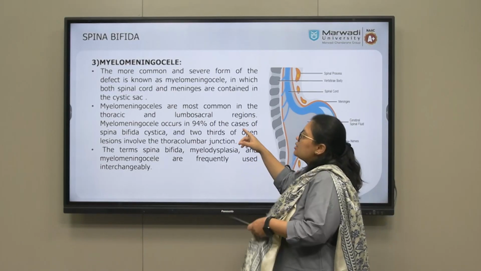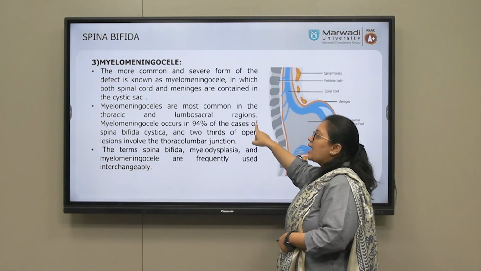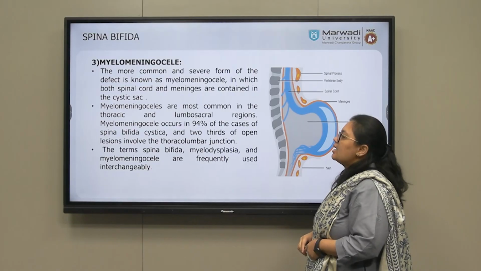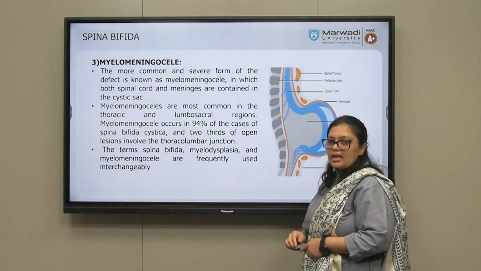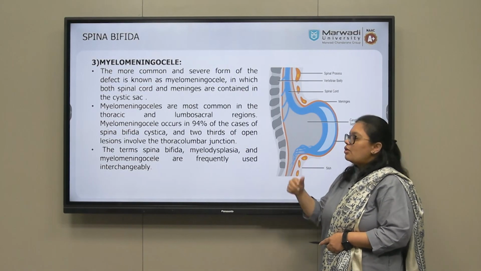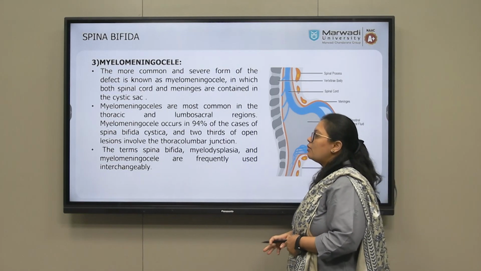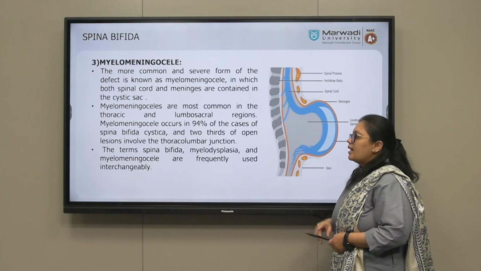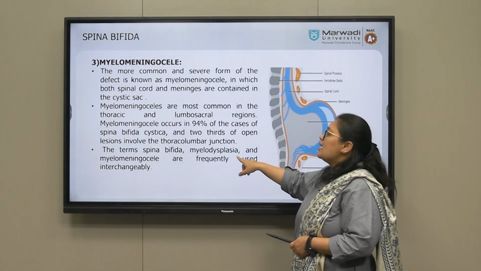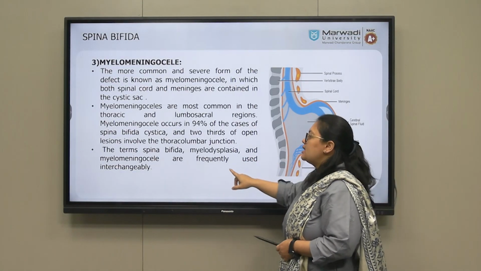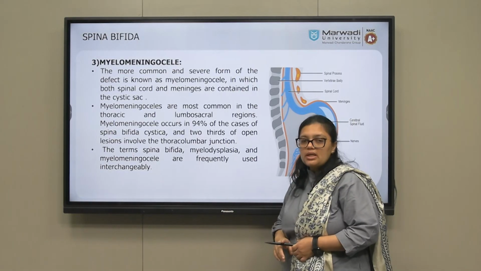In the myelomeningeocele, it is the most common in thoracic and lumbosacral regions. It occurs in 94% of the cases. As I said, either the first or the last one is more common. It has 2/3 of the open lesion involved in the thoracolumbar junction, and the terms myelodysplasia and myelomeningeocele are also frequently used interchangeably.